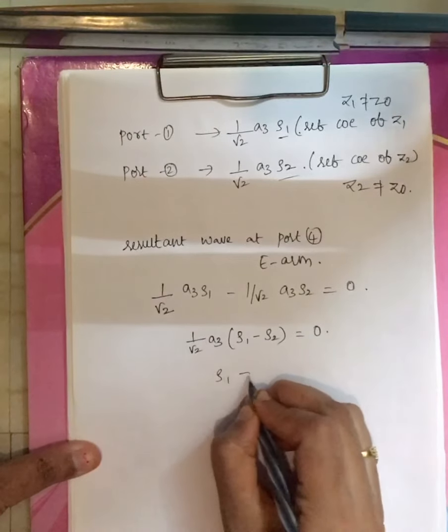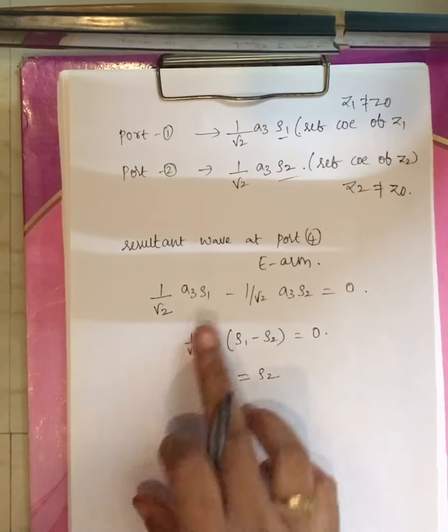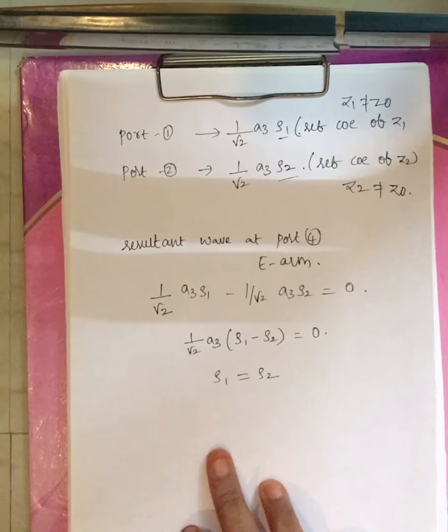Now this is nothing but rho 1 equals rho 2: the reflection coefficient of Z1 because Z1 is not equal to Z0, and the reflection coefficient of Z2 because Z2 is not equal to Z0, right? The resultant wave at your port 4 will be 0, and if you solve this you get rho 1 equals rho 2.